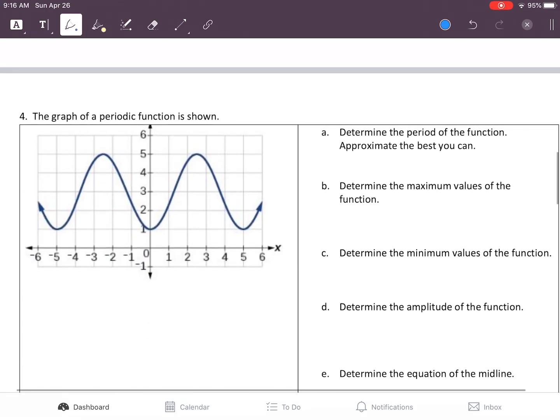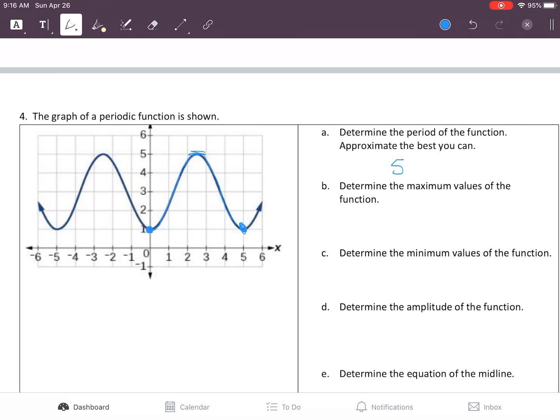Let's try this again. I'm going to go from the valley, the lowest point, go up, and then down to where our graph starts to repeat itself. So my period is 5. Determine the maximum value.